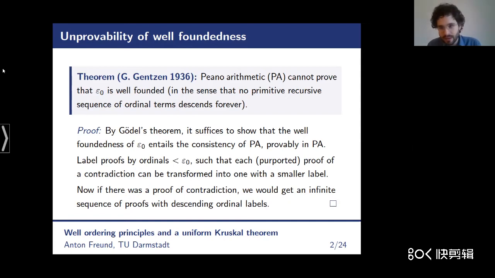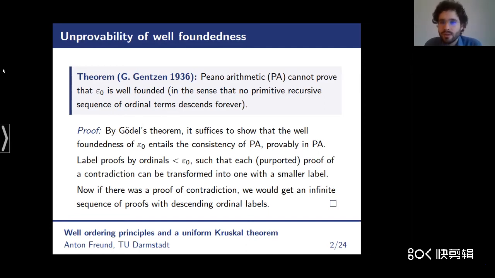And I would say that Gentzen's theorem brings us quite a bit closer to such a mathematical independent statement, because this ordinal epsilon 0, it's quite natural. It's related to exponential notation as we have it under natural numbers, and well-foundedness is also a property that we encounter frequently in mathematics.